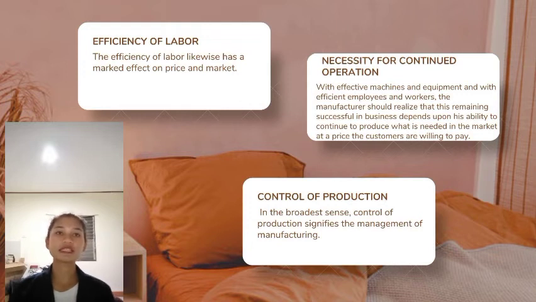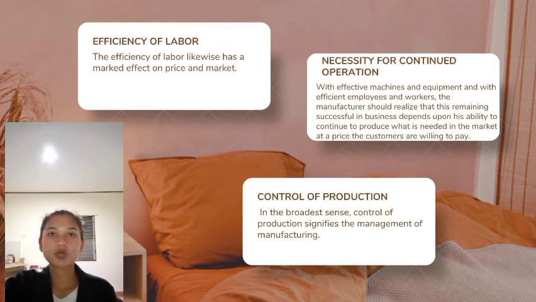The next is the control of production. In order to identify waste, loss, and numerous company failures, production control is utilized as a measure. When used correctly, it functions as a strong and advantageous mechanism.